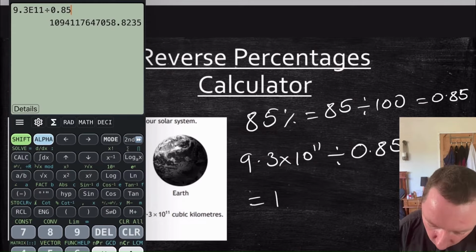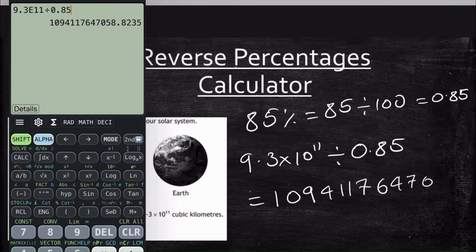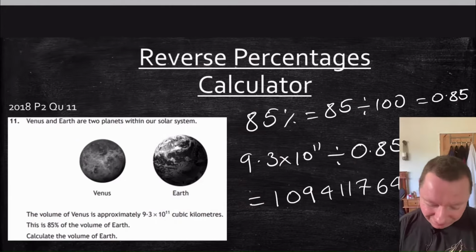So we've got 109,411,764,705.88 cubic kilometres. Now, it doesn't ask us to round it or anything like that, but it's not a very reasonable number.